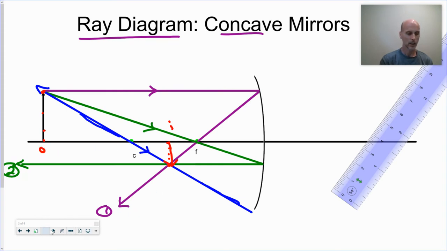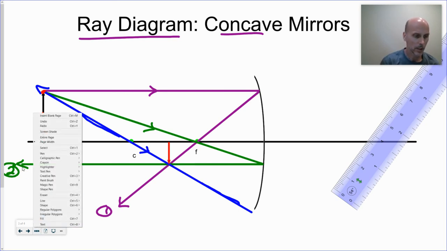All right, so the three reflected rays all meet at one point. That tells us where the tip of our image will be. All right, there. Cleaned it up a little bit, cheated a little bit, grabbed my tool for lines, and there you go. So this is, in the end, the image that is produced.